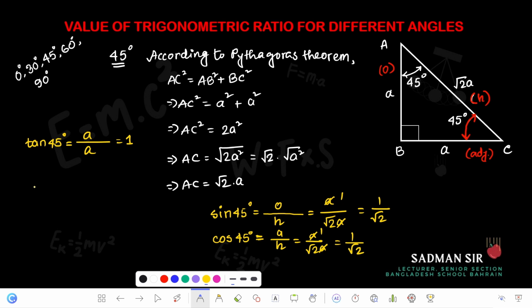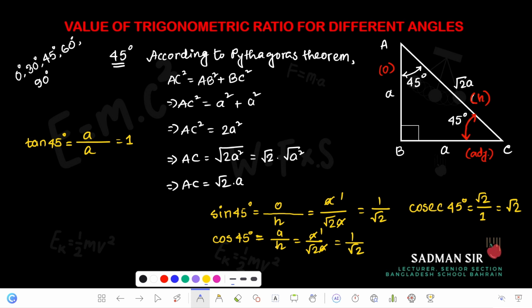The other three we can write from here itself. For example, the opposite of sine 45 is cosec 45. So if sine is 1 by root 2, cosec should be root 2 divided by 1, the reciprocal. Now, divided by 1 doesn't actually bring any change, so we can write it just as root 2. Anything divided by 1 is the same amount only.